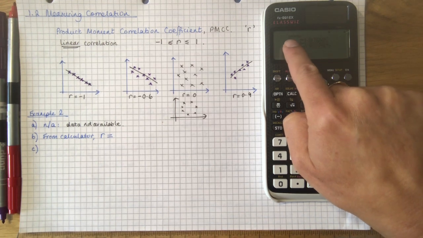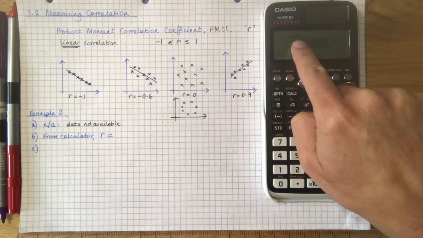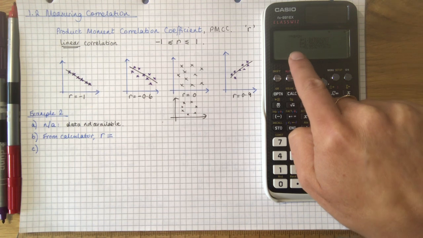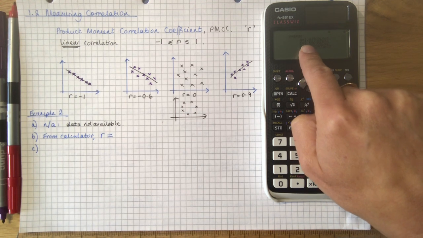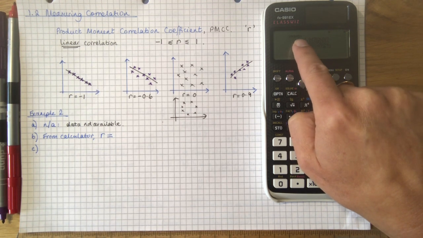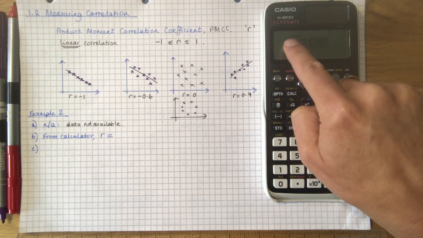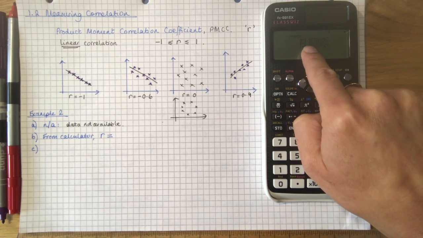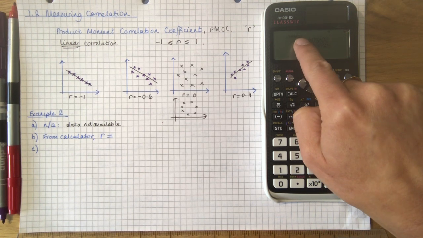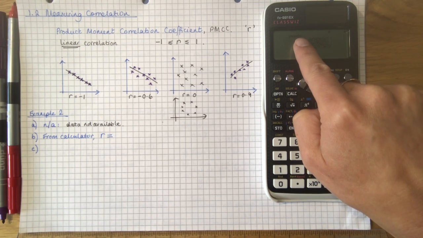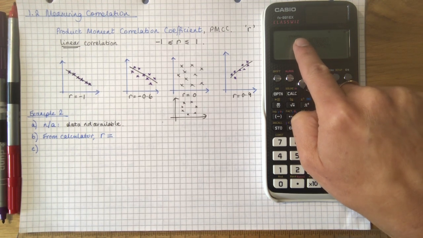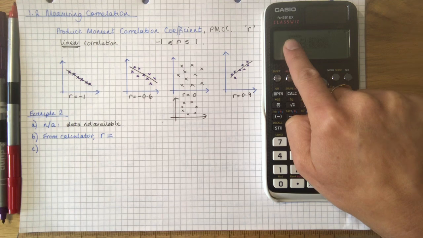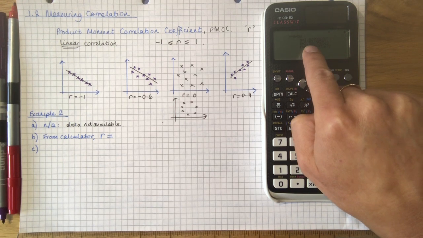So that would be the value of the gust when the wind speed is 0. Then b would be the gradient of the line. So that means for every increase of 1 in x, the increase in y is 2.59. So for every increase of 1 knot in the wind speed, the increase in the gust in knots is 2.59.